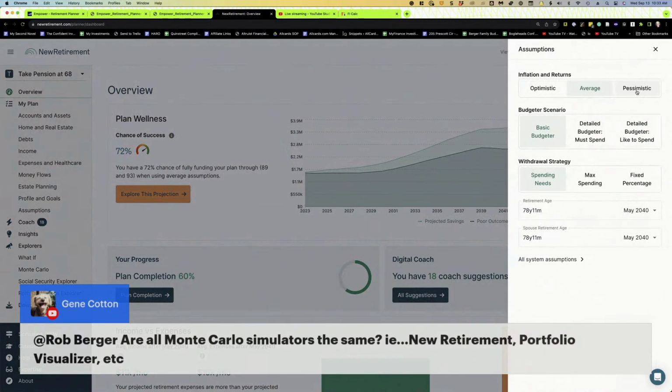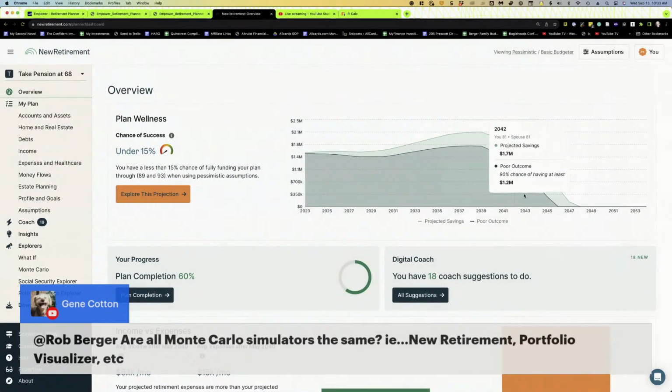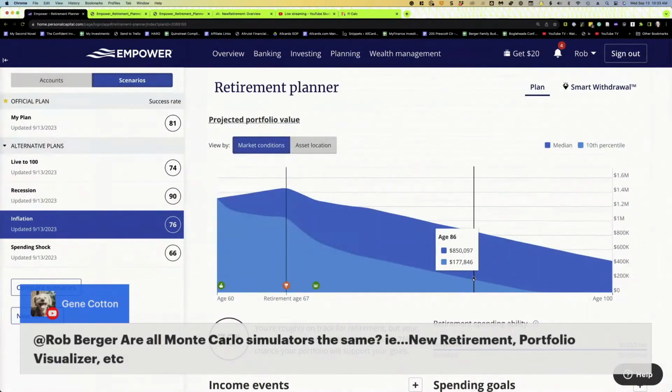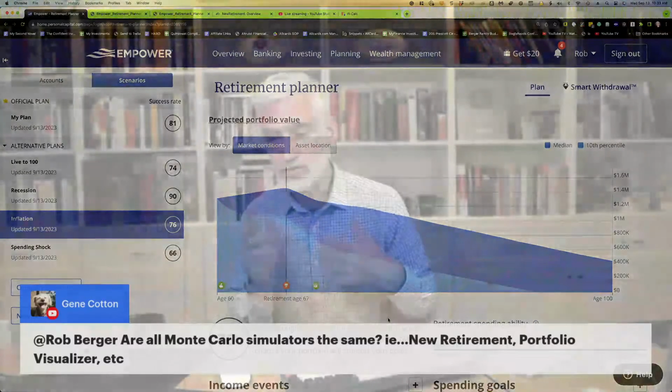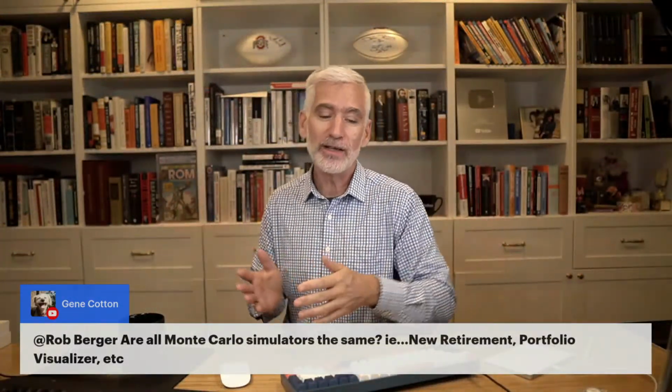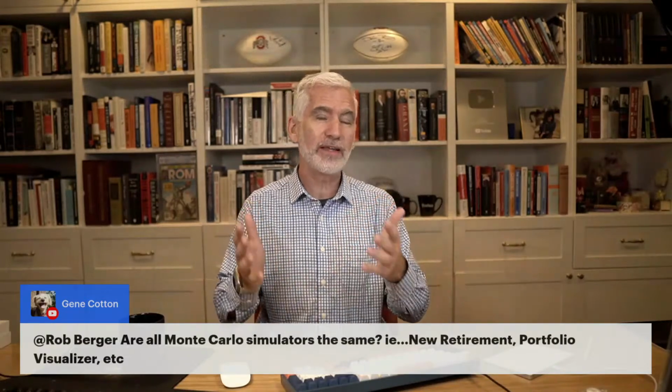And if we go to pessimistic, same thing. So when you're dealing with a Monte Carlo analysis like Empower, which is up here, you don't control the inputs. You're relying on Empower to control the inputs, and different Monte Carlo tools can use different inputs. Even if they're using historical data, that doesn't answer the question completely, because what historical data are you using? Going back the last 100 years, the past 50?